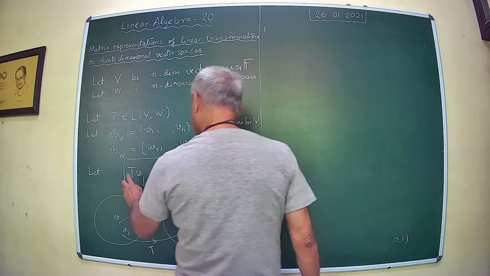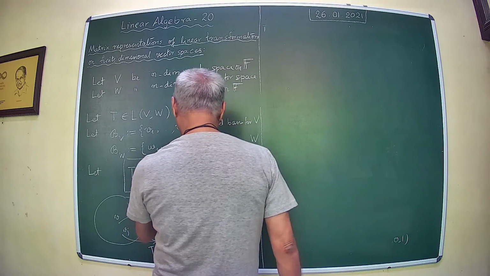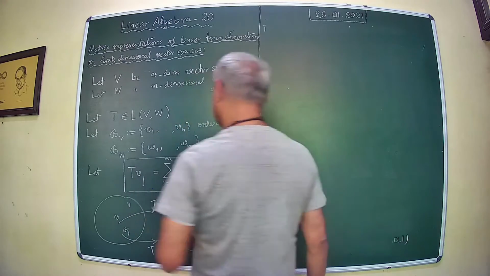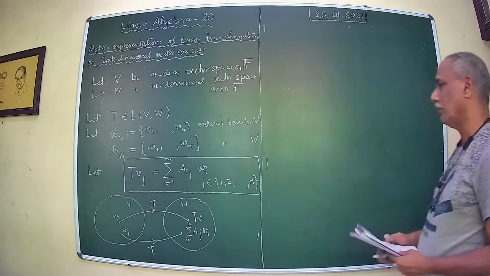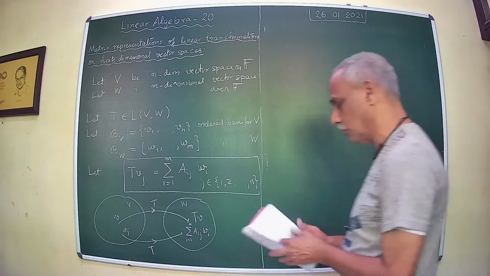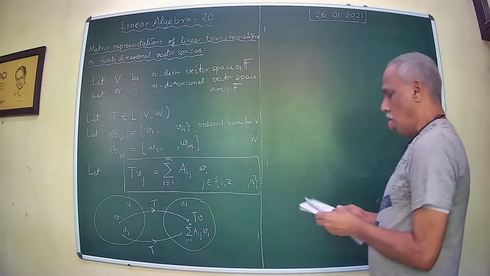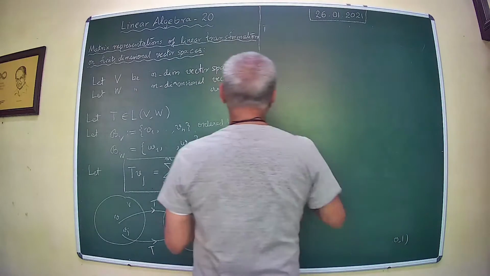We are writing it as Tvj equal to sigma Aij wi. That is for certain convenience, which you are going to see, how it is going to help you.